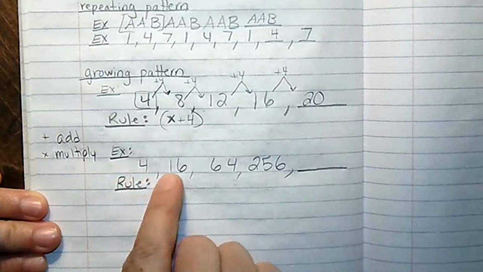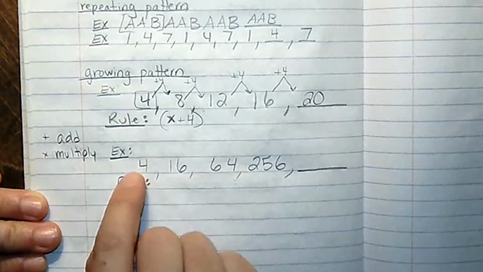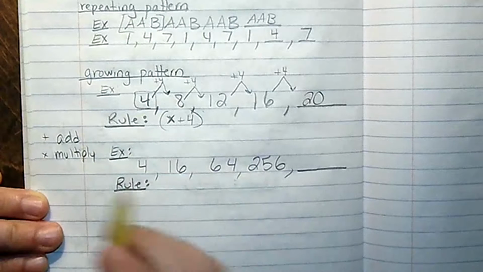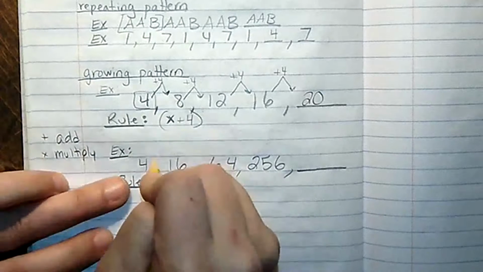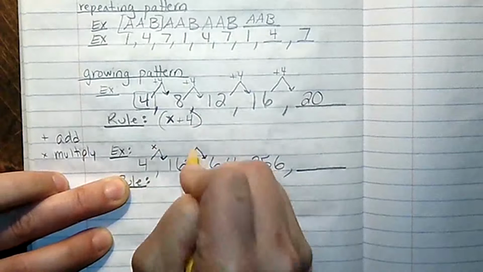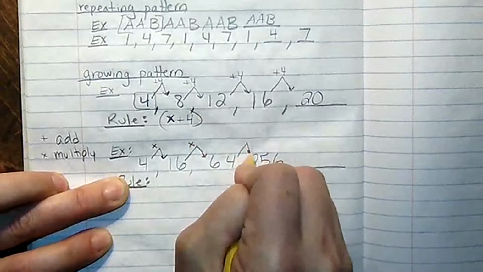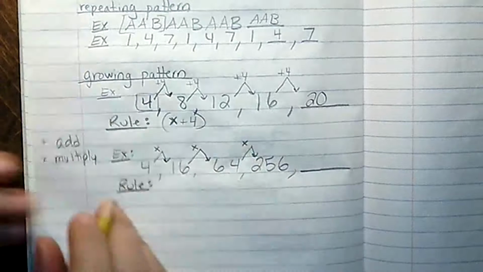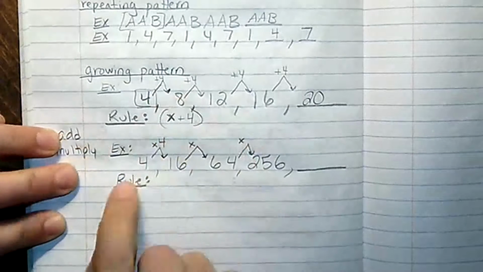Are my numbers going up slow and steady, or did they go up really fast? I think they went up really fast. So if it's really fast, we're going to multiply. So I know my rule between each of my number sets is to multiply something. So I'm going to start with 4 times 4 is 16 because I know that one in my head.